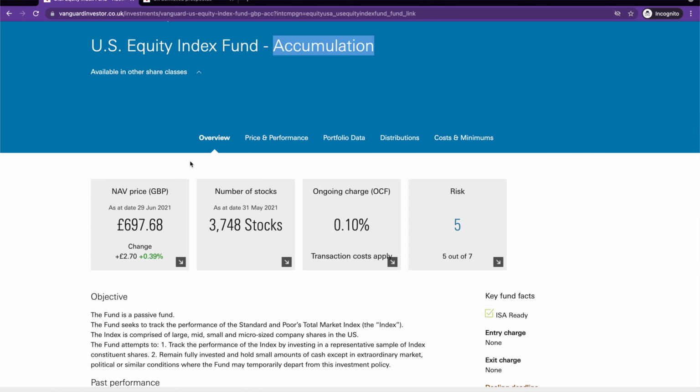So on the overview here, we can see the net asset value price per share. Basically, this fund holds 3,700 stocks roughly. There is an ongoing charge of 0.1%, and the risk is on a scale from 1 to 7, 5.